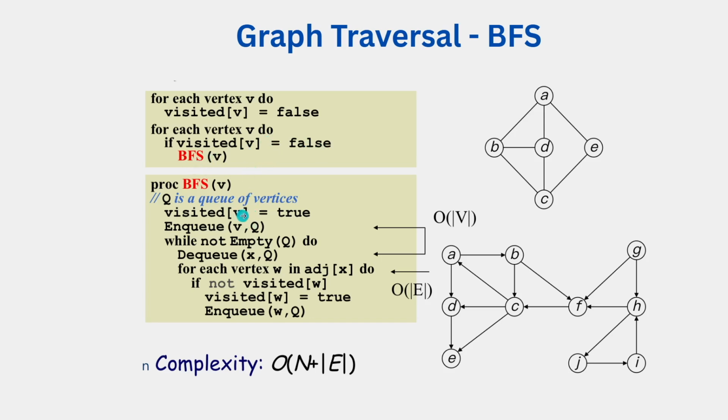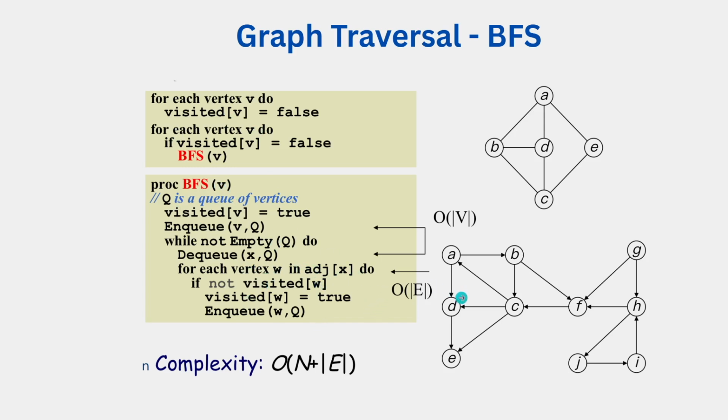Within BFS of v, first we mark that vertex as visited, we enqueue all of its neighbors, then while the queue is not empty, we dequeue one of its entries, mark it visited, and then we add all other adjacent vertices into the queue provided they have not yet been visited. So, we will continue to do this till all the vertices are marked as visited.